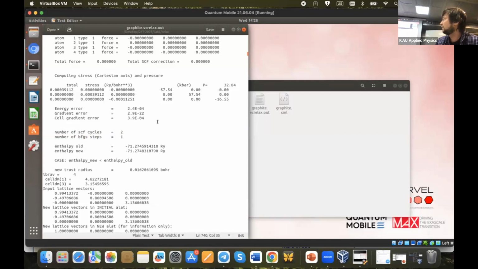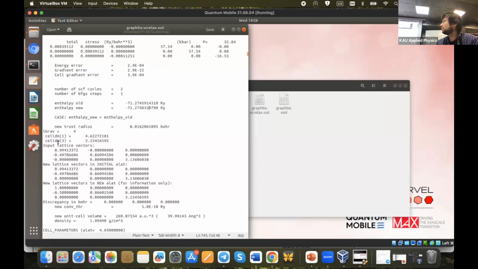We didn't get the convergence. Why? Enthalpy old, you see, old energy was this, and new energy is this. So energy is slightly decreased, which means that we are moving in the right direction. We made 2 SCF cycles, 1 BFGS step, and it's time for another BFGS step.